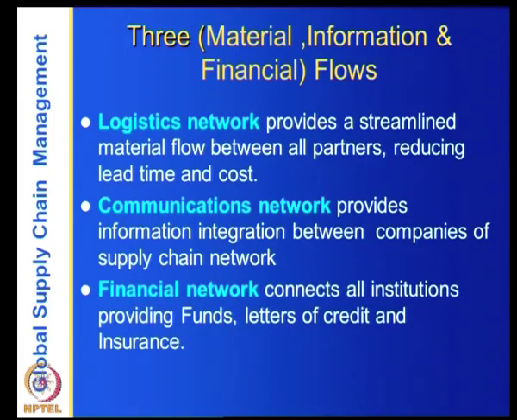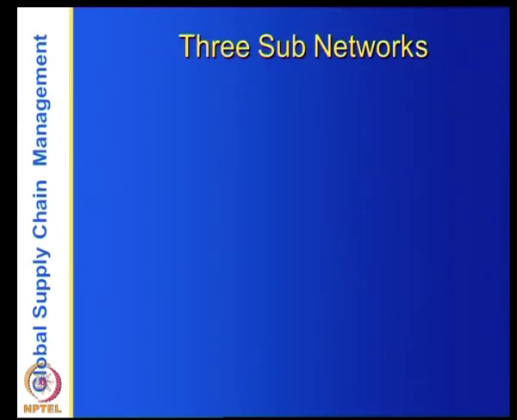And finally, the financial network connects all the institutions providing the funds, letters of credit, insurance and so on. So, basically these are the 3 sub flows, and these are the 3 networks that facilitate the flow of the goods, the information and the finance.